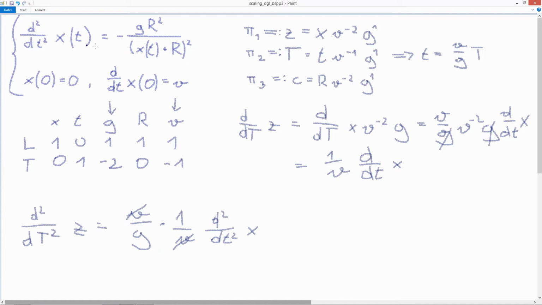Okay, and now we can insert the differential equation here. So we replace this here with that here. Let's do it like that.